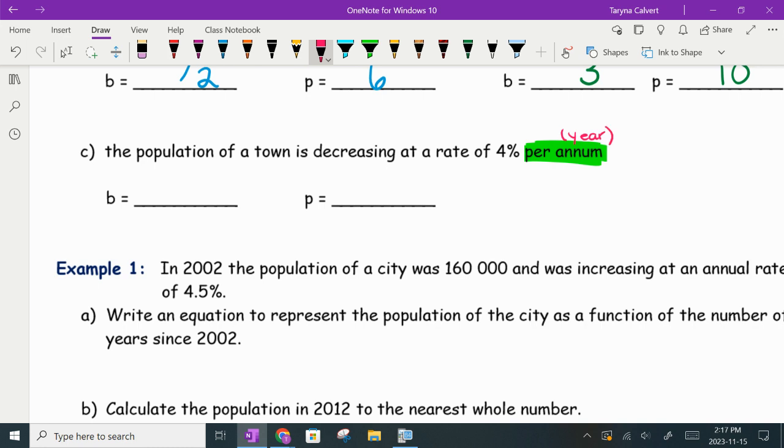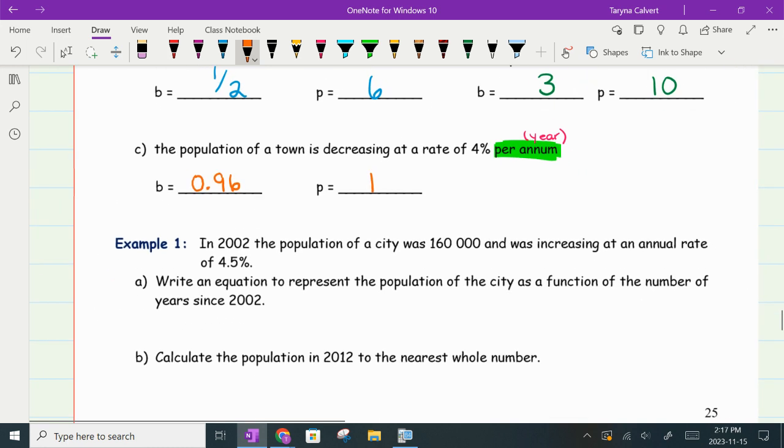If it's decreasing at 4%, your B value would be 0, because what do we keep? 0.96. And your P value would be a 1. Because soon, in the second part of the lesson, it might be per year compounded semi-annually, and things like that are going to change our P value. We'll do that when it gets here.